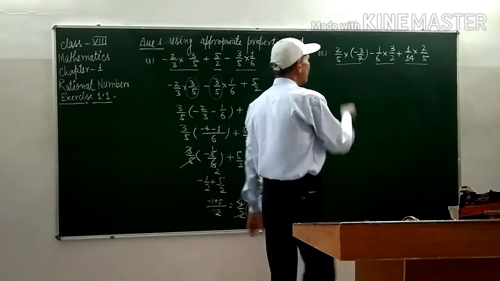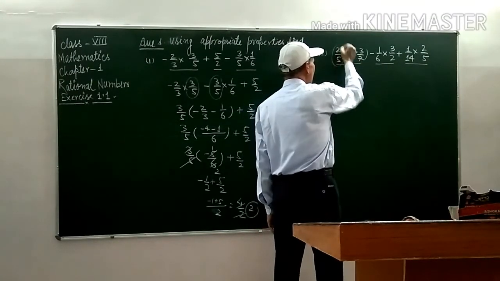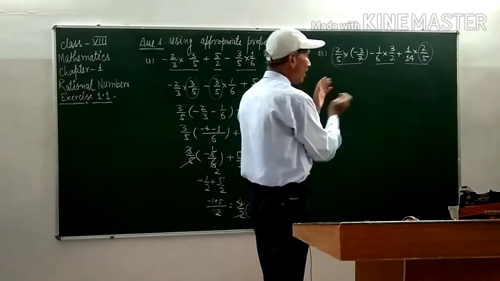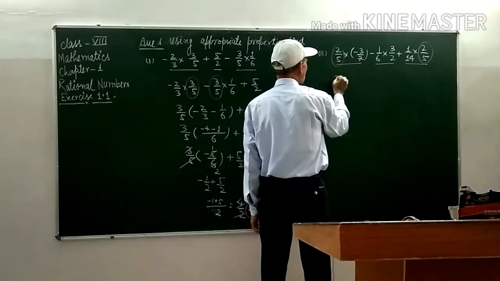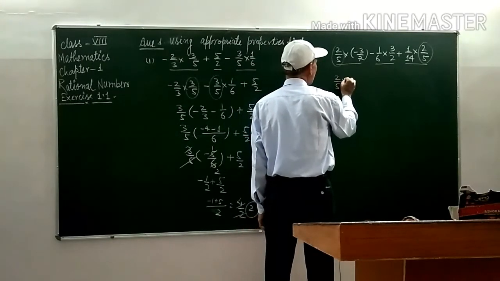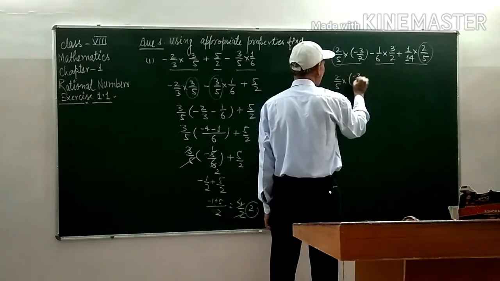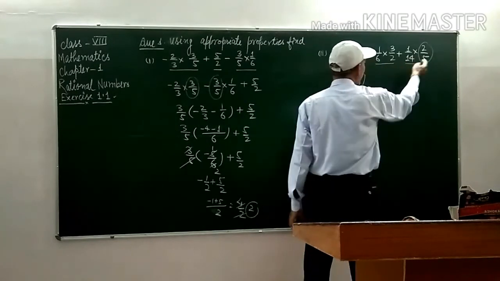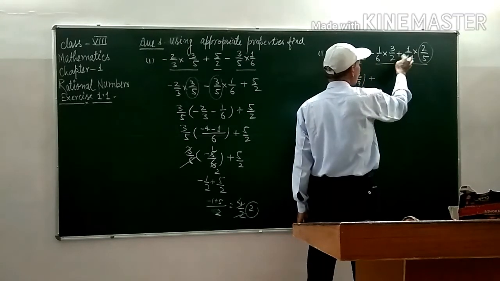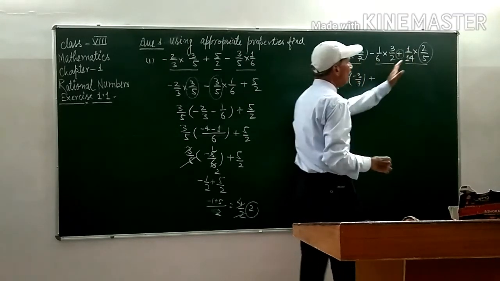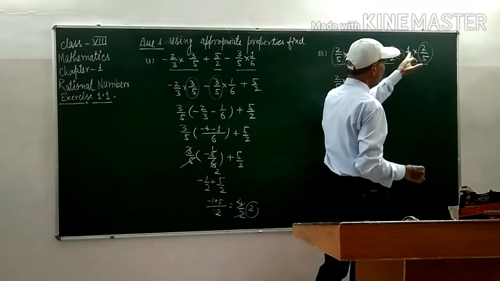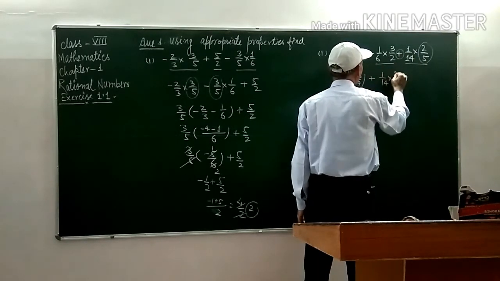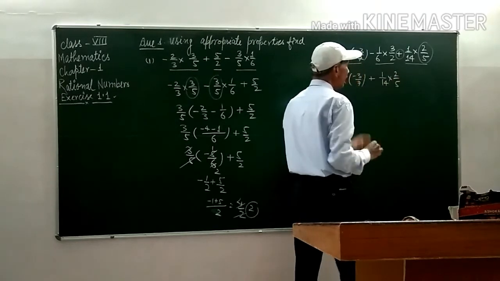Okay students, but this number 2 by 5 and 2 by 5 here. So change the order of the numbers first. 2 by 5 into minus 3 by 7, the first number. Again write here the second one, that is plus, because there is a sign of addition before this number, 1 by 14 into 2 by 5, clear.